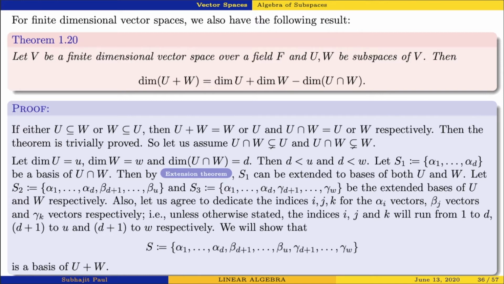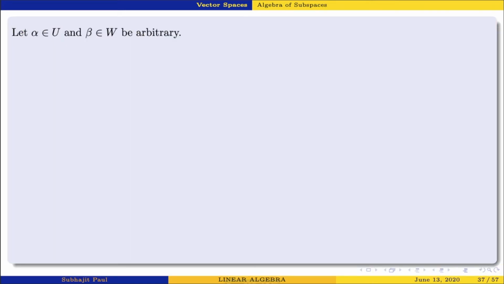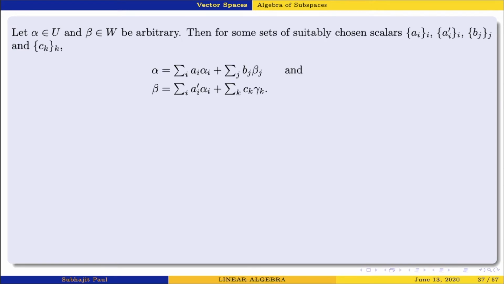Let's see. Let's choose a vector alpha from U and beta from W, arbitrary. Then for some suitably chosen scalars a_i, b_j and c_k, we will have: alpha is coming from U, and S2 was the basis of U, made of alpha i vectors and beta j vectors.